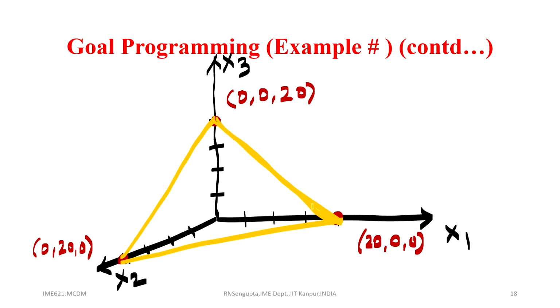So, all the points, and interestingly, if I consider the point 10, 10, 10, I will go 10 to the right on x1, then I come forward 10 for x2, and then I go up 10. So, it will be some point in 3 dimensions which is 10, 10, 10.